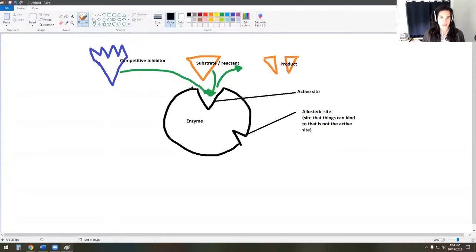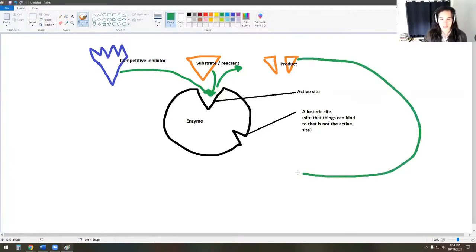Boom. Okay, so this is the type of triangle that is equal in length on all sides. Wow, it's been a while. So it's that type of triangle. And then the allosteric site is going to be the shape of a product. So this product is going to have a tendency to bind here, hypothetically.